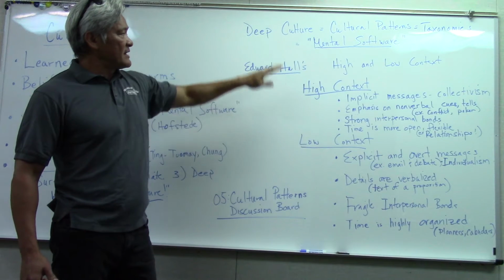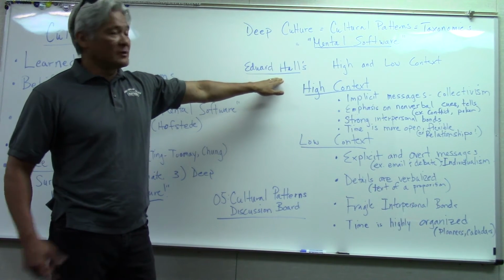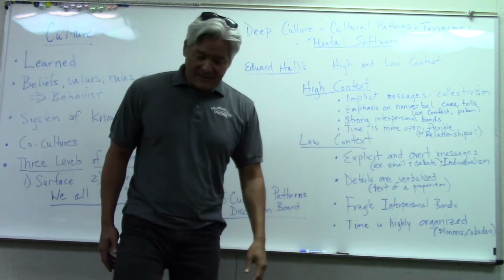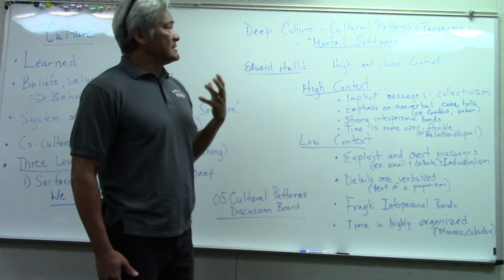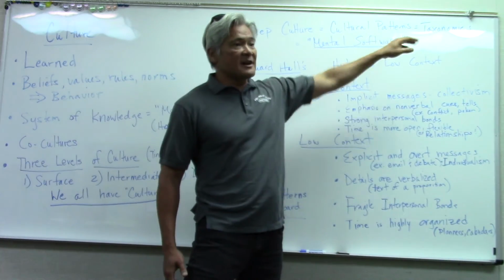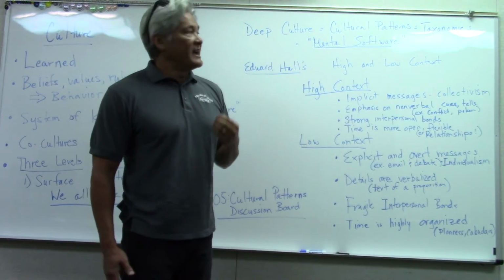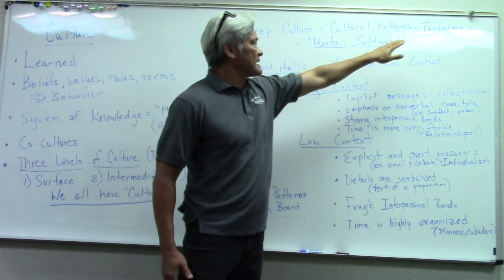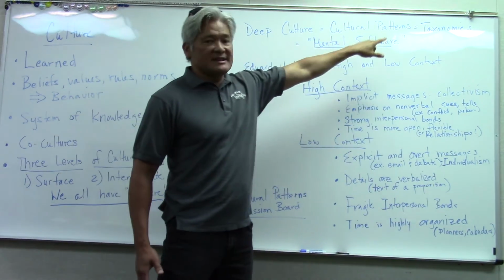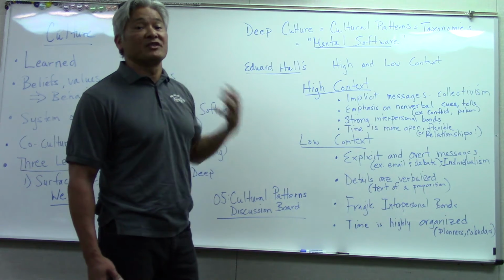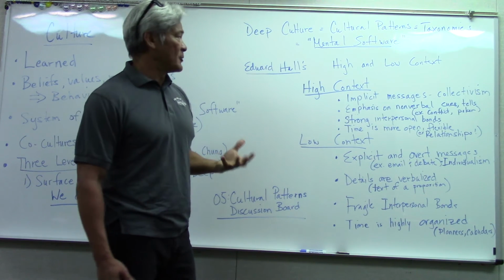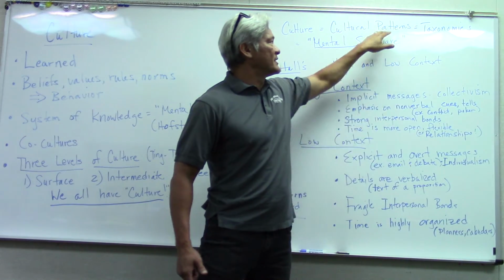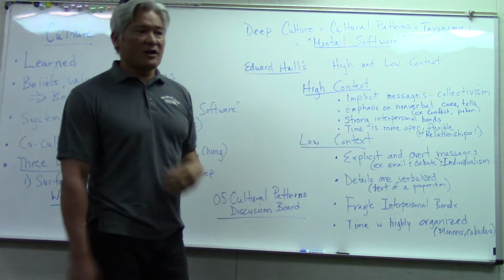And they're used because Edward Hall over here, who we'll talk about his ideas in a little bit, was an anthropologist. And anthropologists in science, we know they use taxonomies to categorize species. And so essentially what we're doing is we're talking about cultural patterns, taxonomies, and various ways to inform your mental software, if that makes sense. I hope it does. Okay? So we're going to use these terms synonymously, all right, just for clarity's sake.